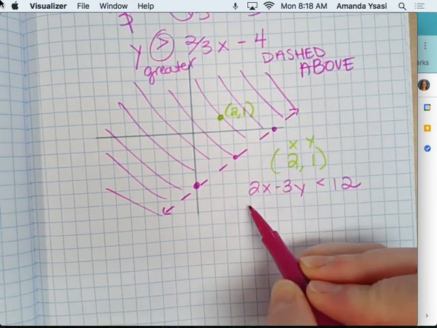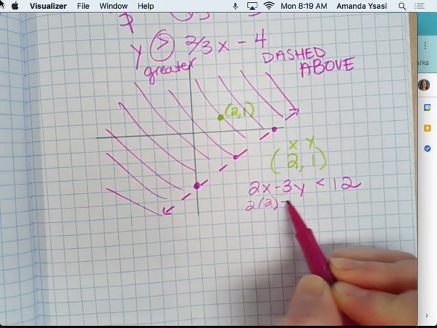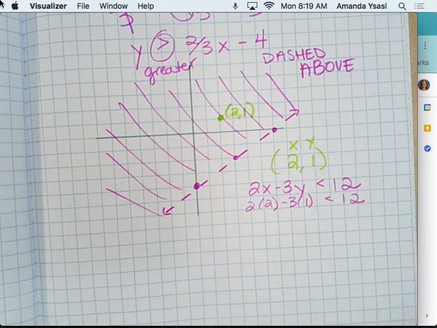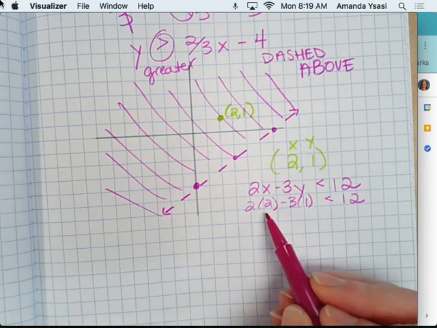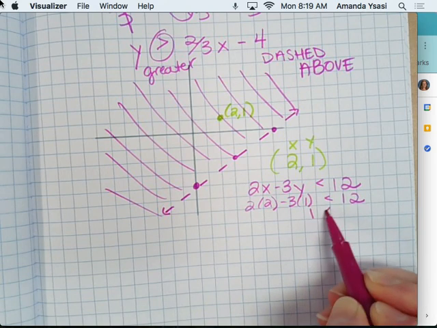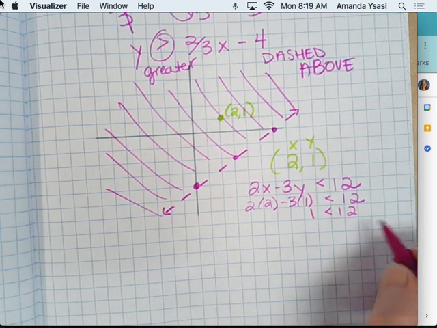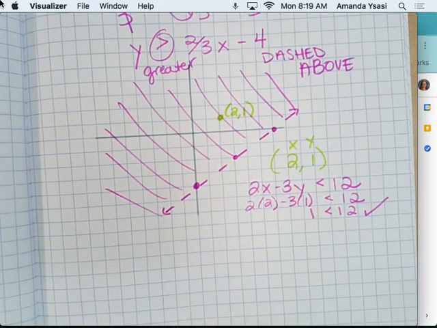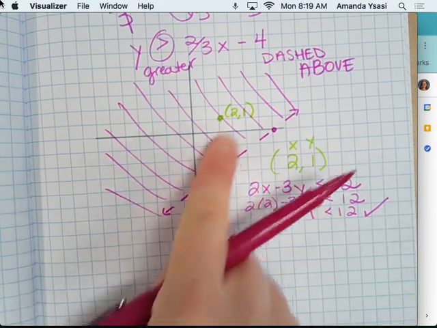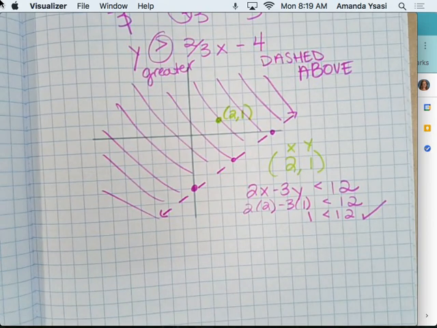So you do 2 times 2 minus 3 times 1 is less than 12. Well, that'd be 4 minus 3 is 1. Is 1 less than 12? Yeah. So that shows that that point is correct. So this is shaded correctly.